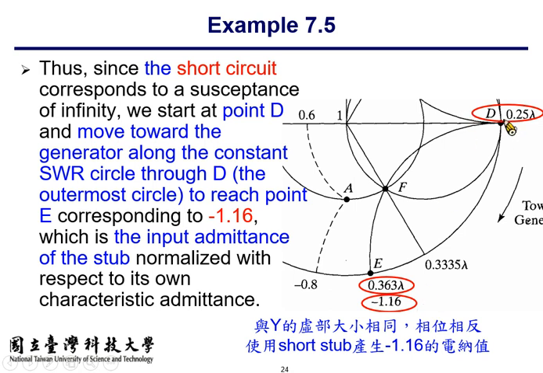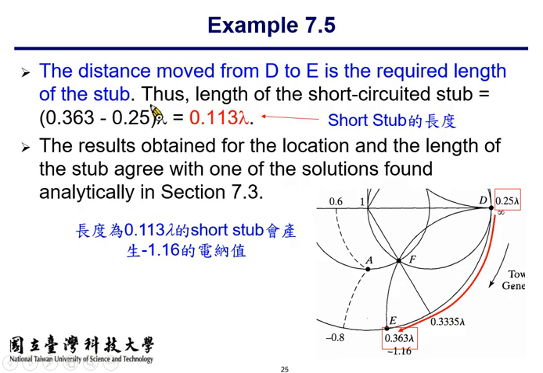And it's equivalent to moving from point D to point E, which is located on the outermost circle of the Smith chart. So the short stop length required will be the difference between 0.363 and 0.25. So the length required for the short stop is 0.113 lambda.